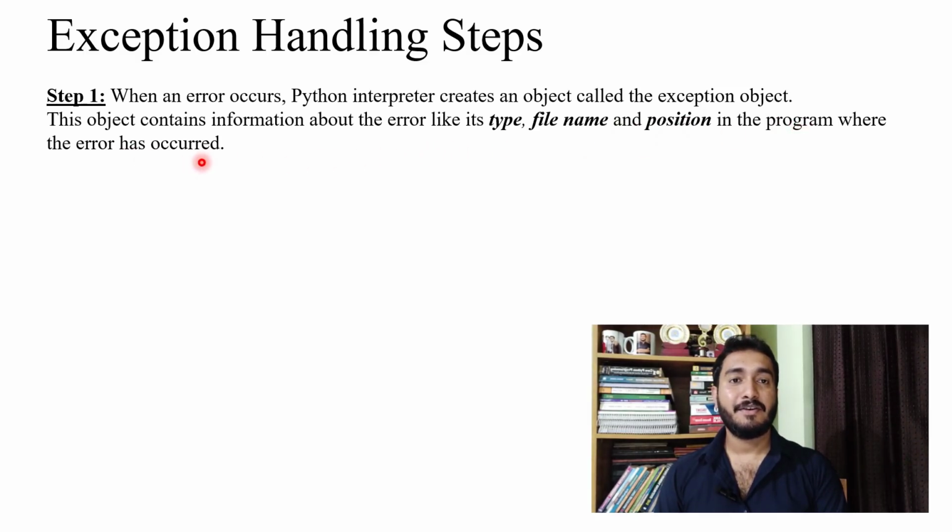So when an error occurs, the Python interpreter will create an object. What is that object called? Exception object. It holds the type of the exception, the name of the file where the exception has occurred, and the place of the exception. It means the position, in which line the exception has occurred.